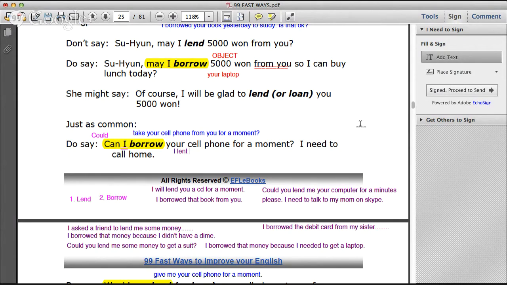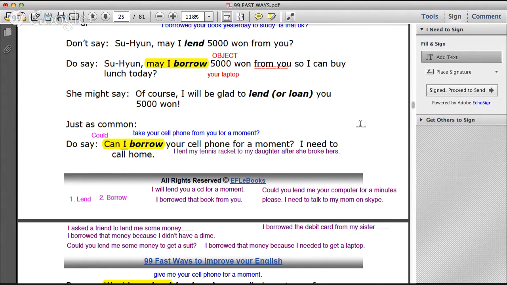Instead of saying when, it would be after. After she broke hers. So I lent my tennis racket to my daughter after she broke hers.